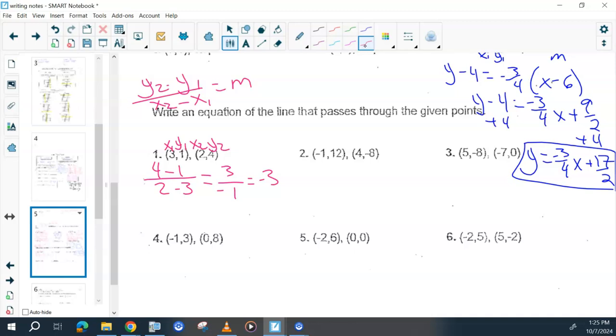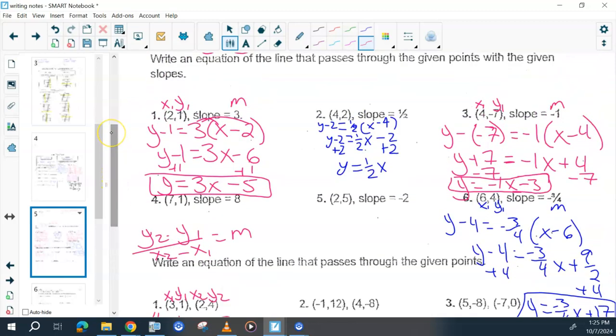It does not matter which point you choose, so I'm going to split you up so that you both can try this. You 4 tables, I want you to try the previous point slope with the slope given and the point 3, 1. And then you 5 tables are going to do the same thing but with the second point, 2, 4. So 2, 4, 3, 1, try that.